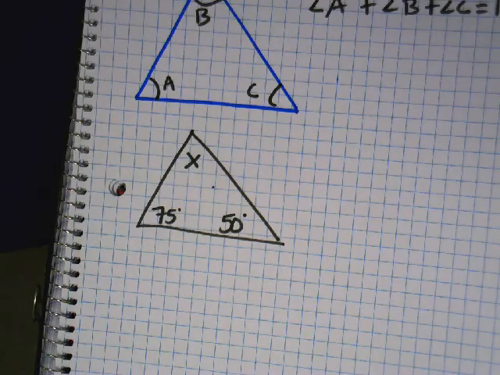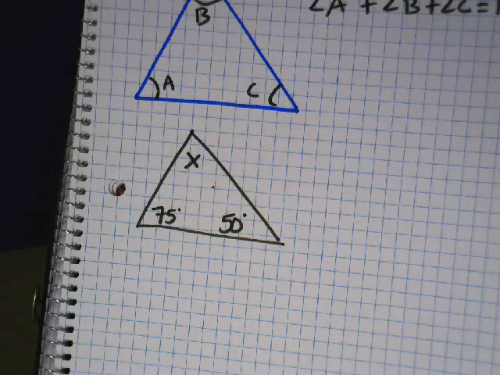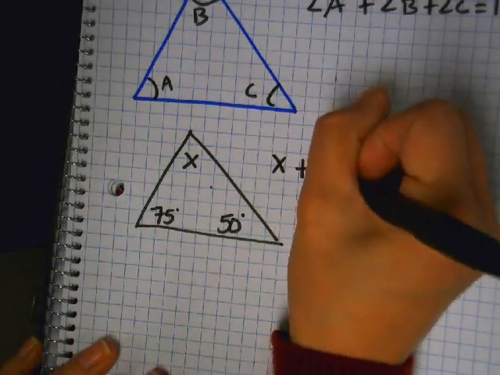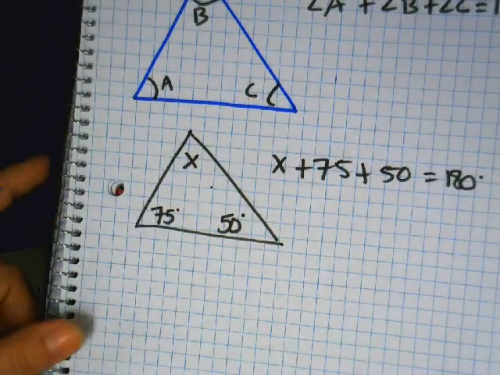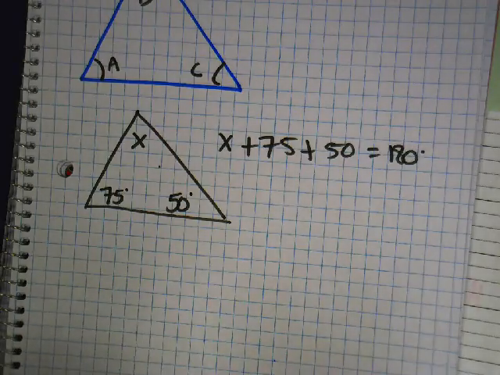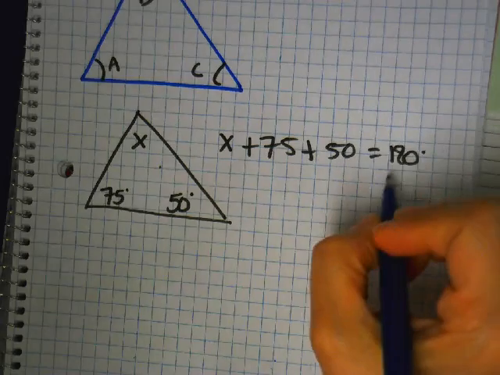Okay, so Ben, how would I set up this problem? How would I find x? Sam? x plus 75 plus 30 equals 180. Good. x plus 105.